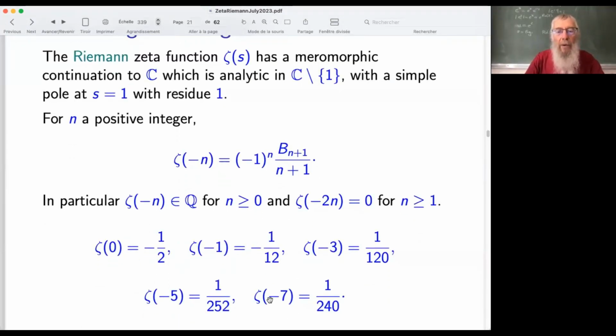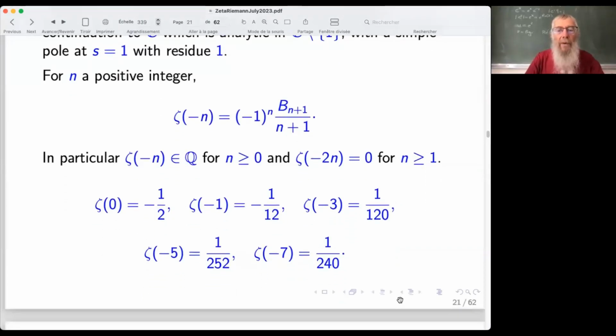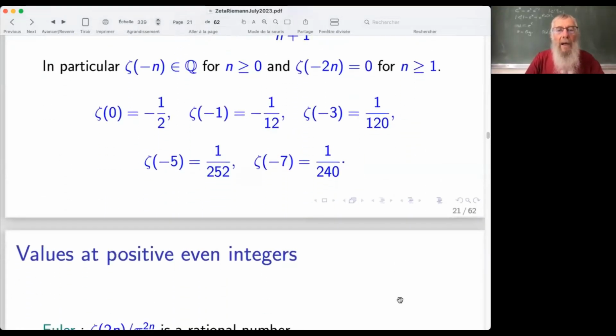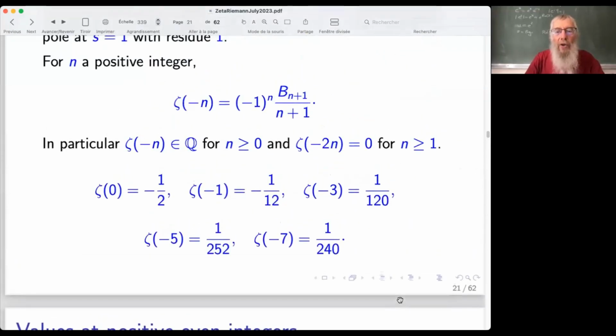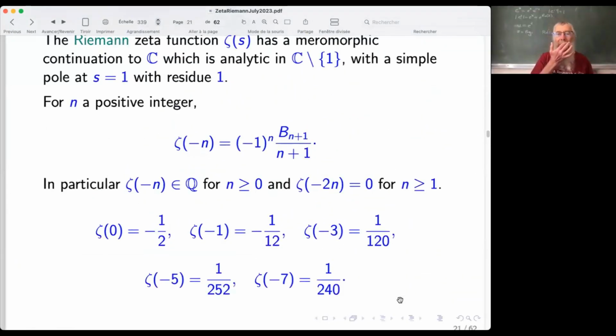And you see that this gives the values of the Riemann zeta function at the negative integers. After we have seen the negative integers, which are not so obvious, because the values zeta of 0, zeta of -1, zeta of -3 are not given by the infinite series.